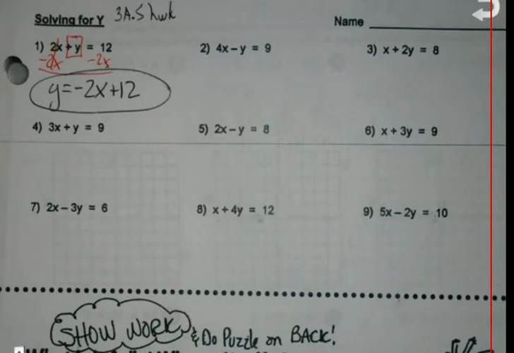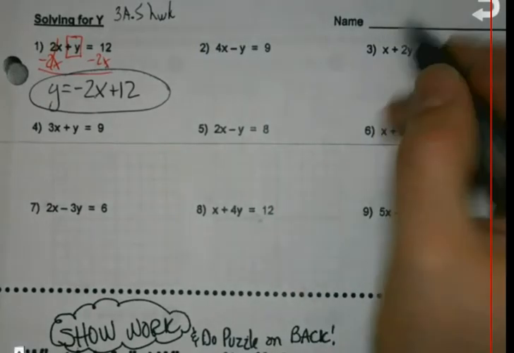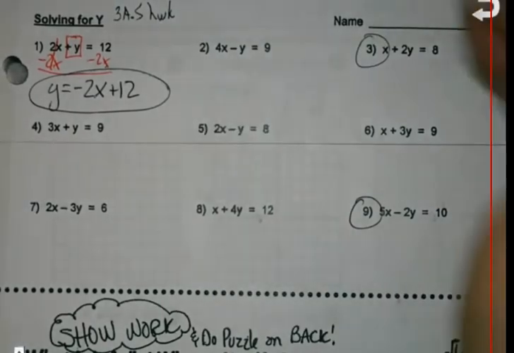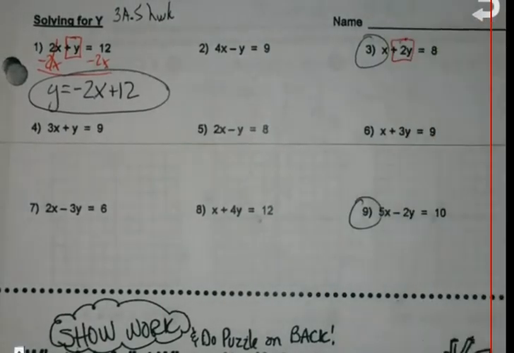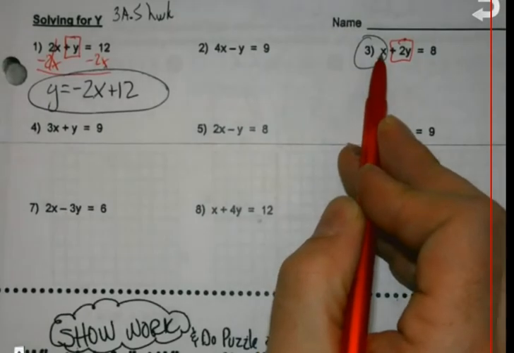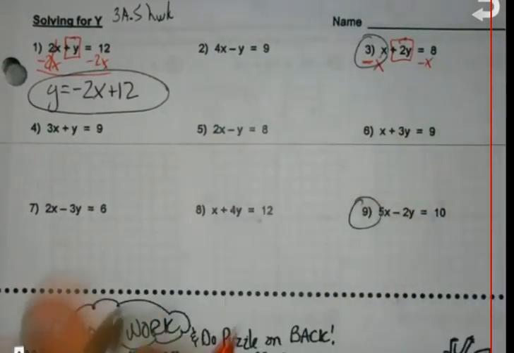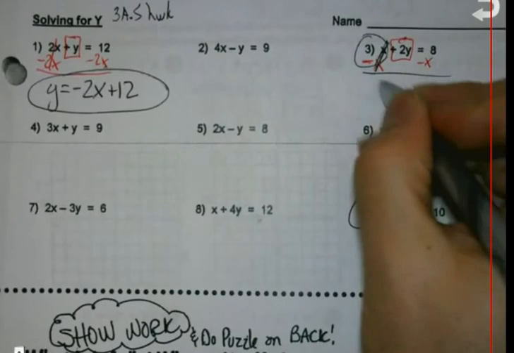So I'm going to bounce around a little here. I want to take a look at 3, I want to take a look at 9, and we might have another one of those two. So on number 3, my first job is to get the 2y alone. How do I dump x? Minus it, it's positive, good. We're like, okay, so that goes away.